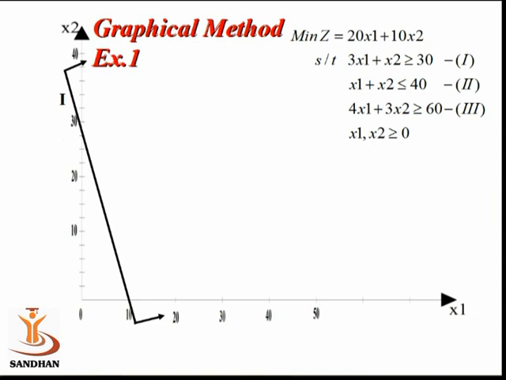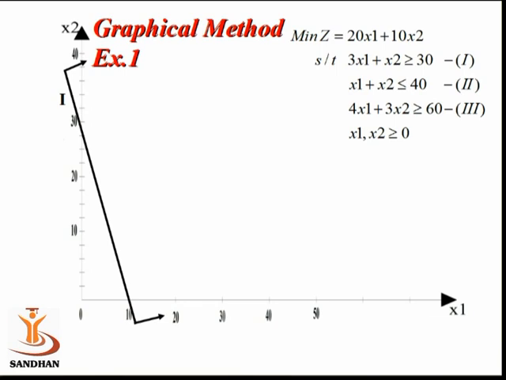So one point is 0, 30, another point will similarly be 10, 0, and joining both of them I will get this line, and arrows are telling us what is the region defined by greater or equal to. So you can observe from the graph that the first constraint equation is plotted on the x1 x2 axis, and these arrows are defining the region.